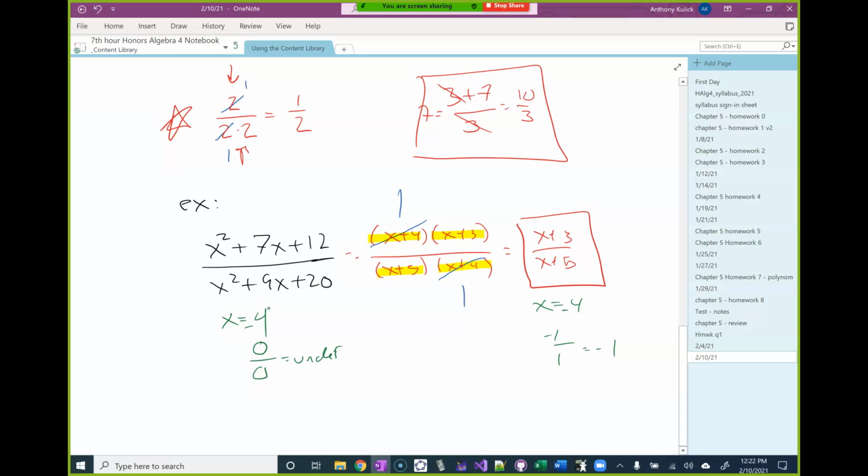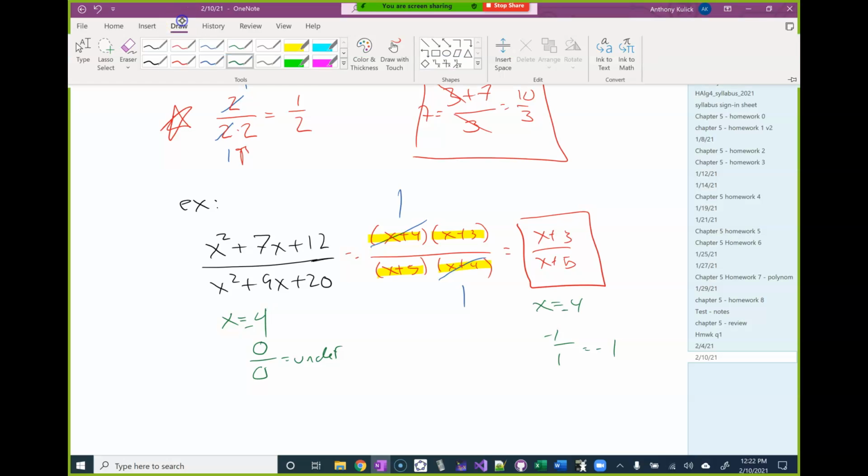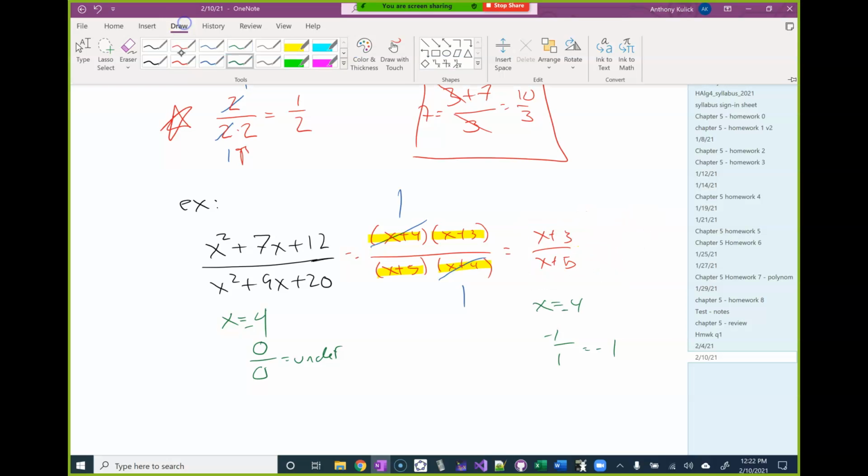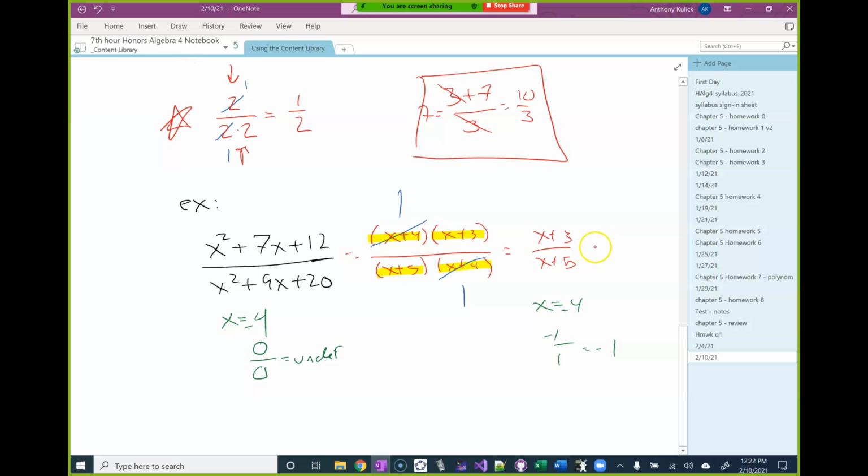Now, every other value of x that I could have picked, they'd still be equal. But this one value of x, they disagree at. So, to really have a complete answer, we'd have to say that it's when x is -4.